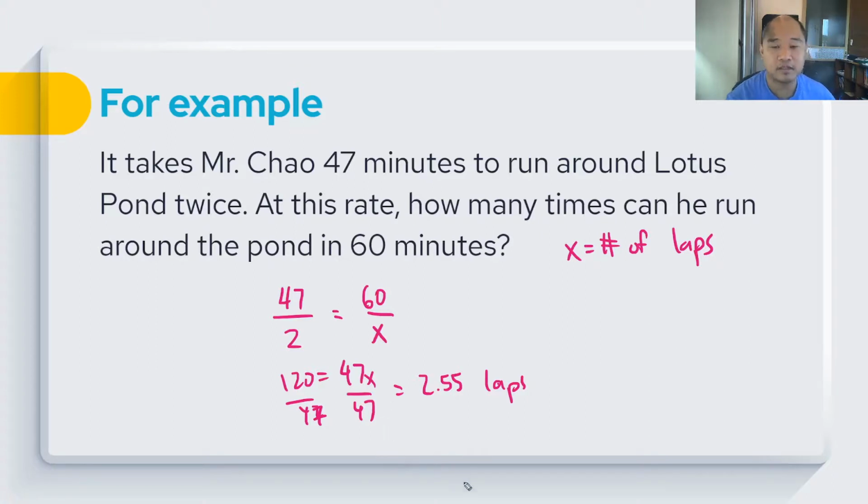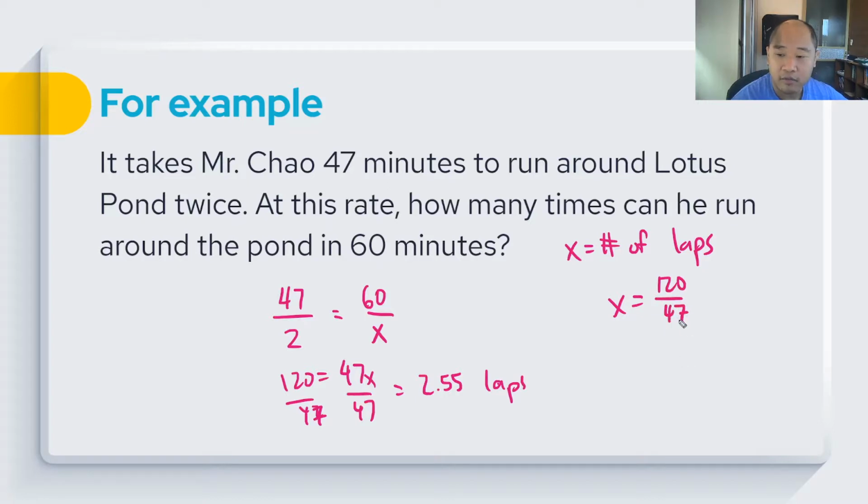Okay, actually, I'm going to take a second to talk about this. If you're doing this on a test and you don't have a calculator, you could do this with long division, but I probably would leave this as a rational number or a mixed fraction. So I would have said x equals 120 over 47.